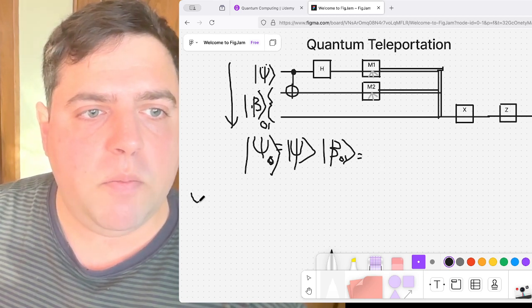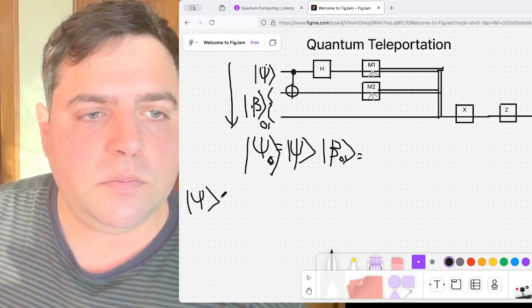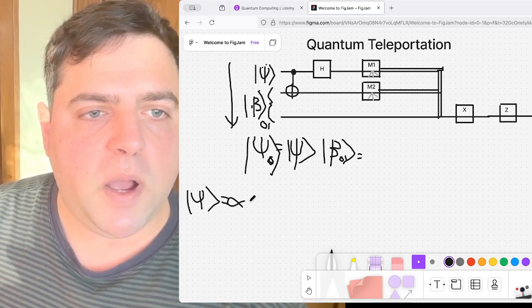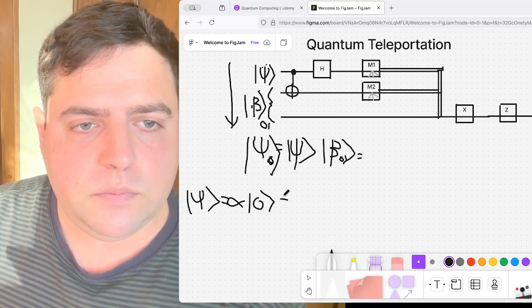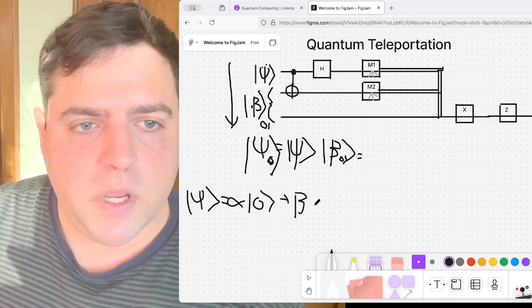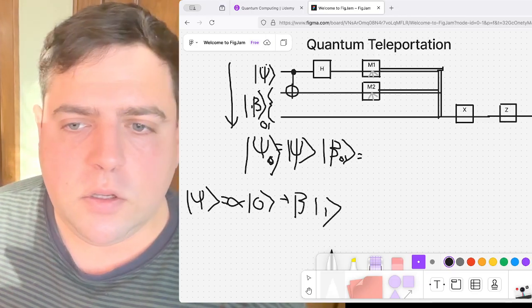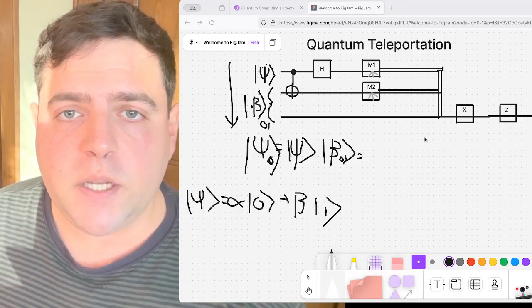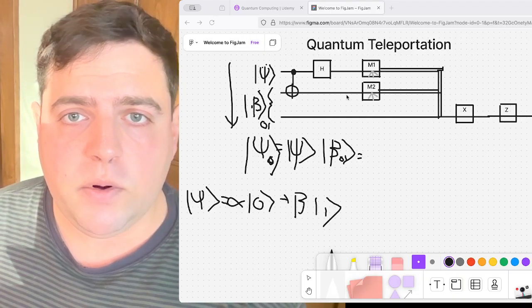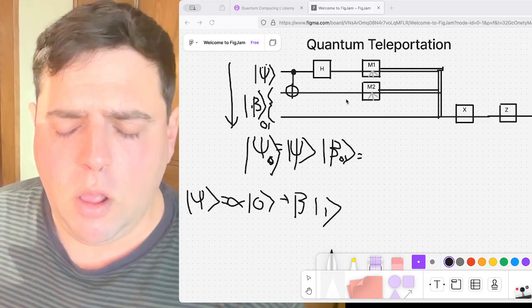The state to be teleported, by the way, is going to just be a general qubit, the most general possible form of a qubit. It's just going to be alpha 0 plus beta 1. That's all. So we want to teleport this state over to Bob. And they're separated by a classical communication channel over which we can only send classical bits. We can't send qubits over it. It's not a quantum communication channel.